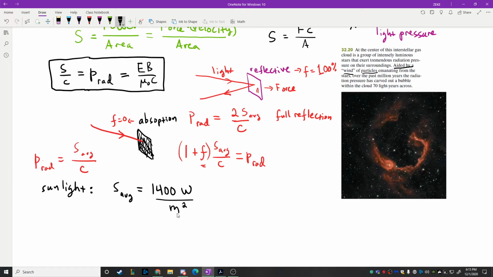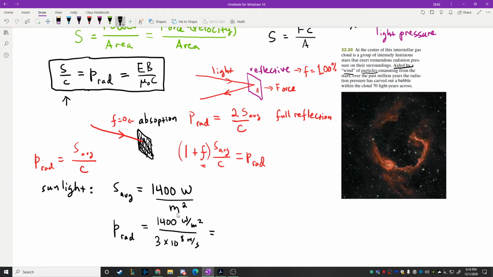And so if you want to figure out the radiation pressure associated with the sun's light, all you really need to do is basically divide by c. So if we just look at the base definition here, if we take S over c, then we would take 1,400 watts per meter squared, and then this is the problem. You have to divide by the speed of light, which is 3 times 10 to the 8 meters per second.